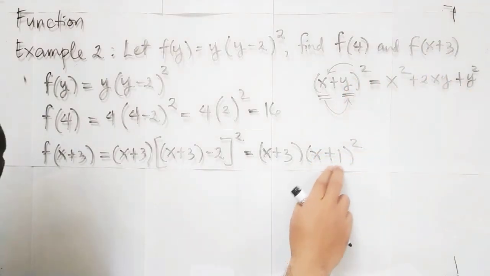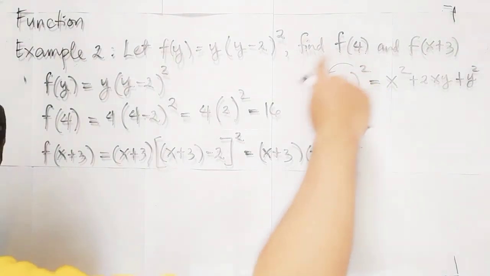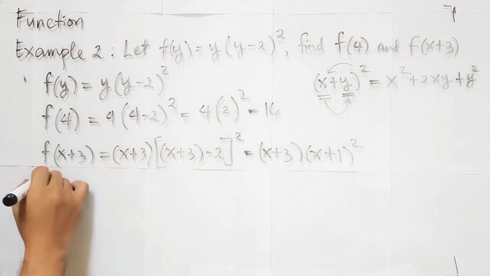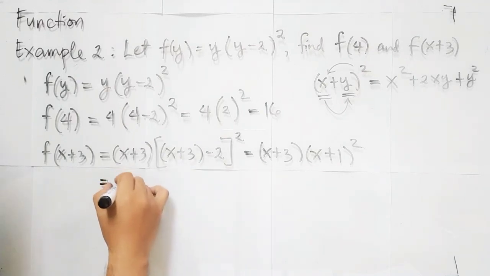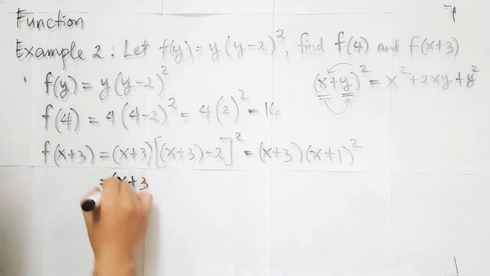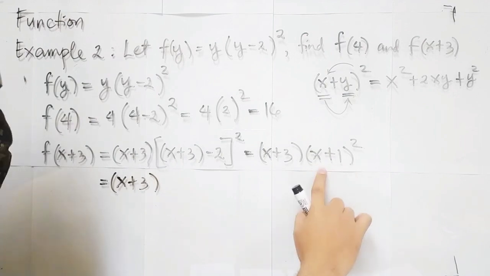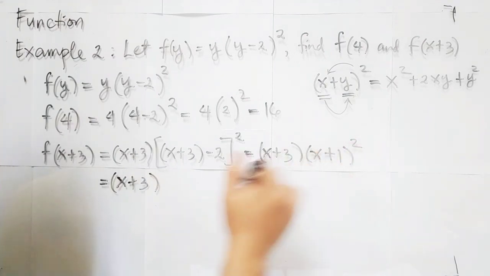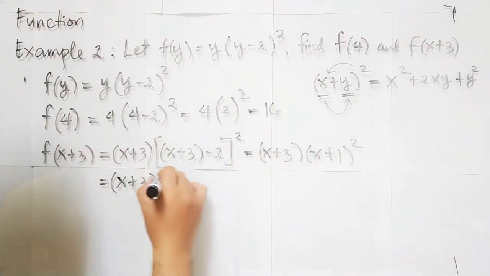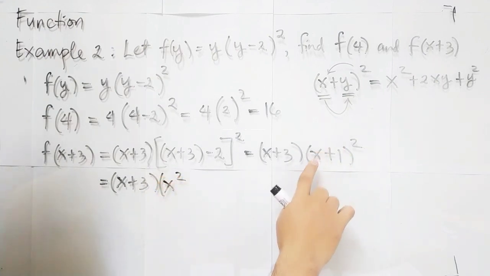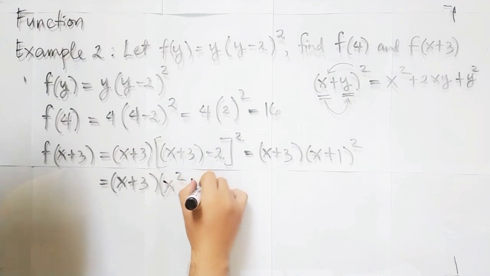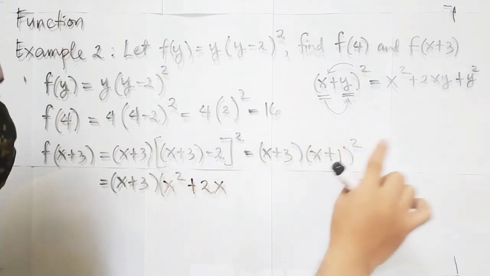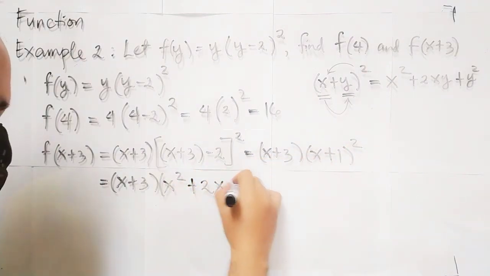So this time we will expand using this format. This is equivalent to x plus 3 times the expansion: x times x equals x squared, 2 times x times 1 equals 2x, and 1 times 1 equals 1.